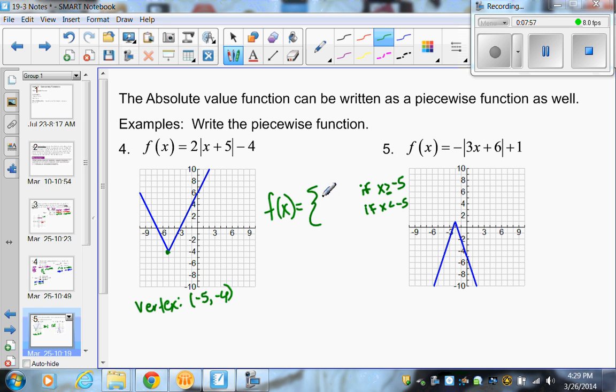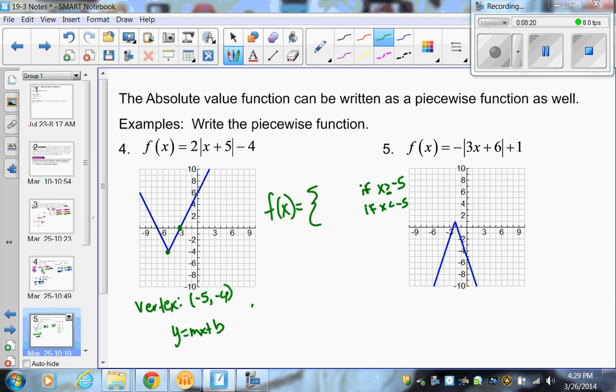So then the next thing is to write our rule. If you notice, each piece of the absolute value is a line, and the general equation for a line is y equals mx plus b. So my first step is to find the slope, and we can find the slope by using the vertex and another point on the line. Looking at the right-hand side, it looks like it goes through the point -3, 0.